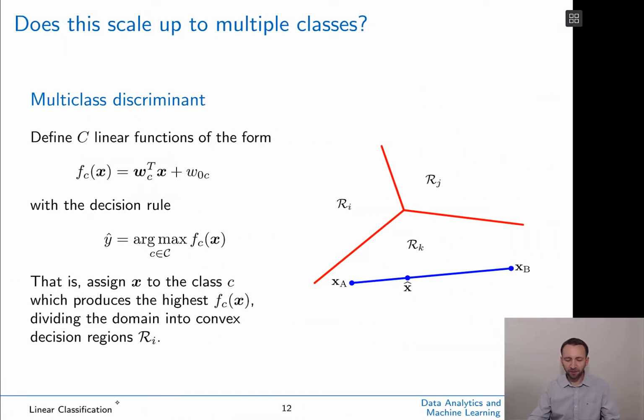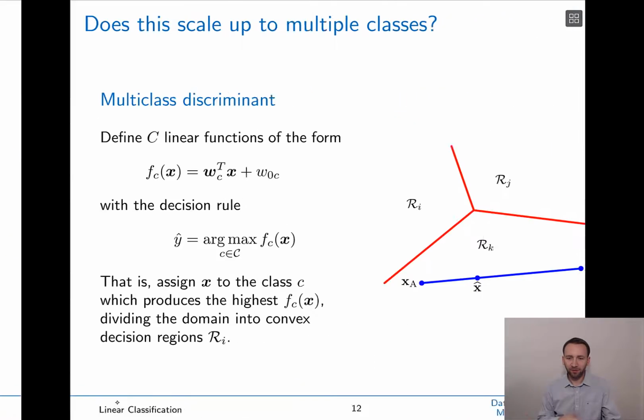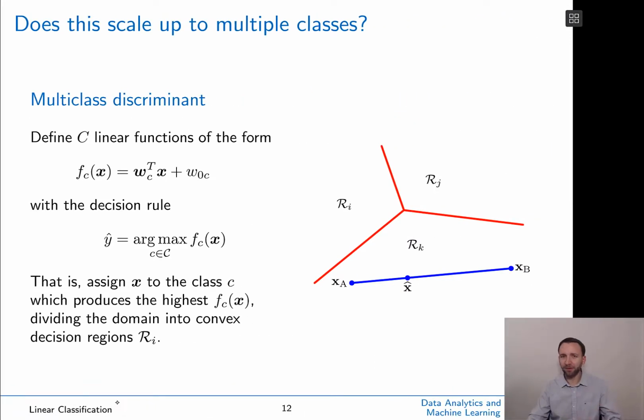So what we then often do, in many modern classifiers at least, is a so-called multi-class discriminant. What this simply means is that we don't just train these 3 hyperplanes, but actually train 3 functions, these linear functions we have seen before.